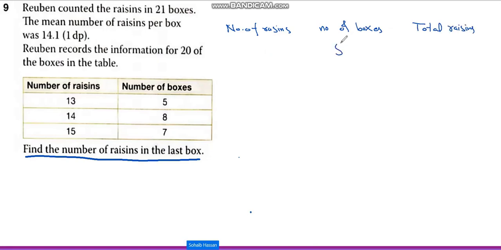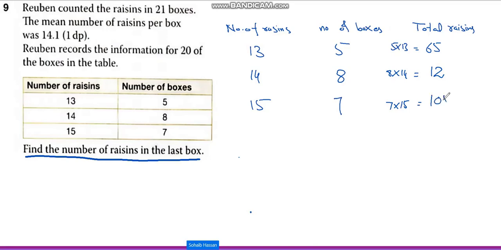There are 5 boxes in which each box contains 13 raisins, 8 boxes in which each box contains 14 raisins, and 7 boxes where each box contains 15 raisins. To get the total raisins of 5 boxes, we multiply 5 and 13, and we get 65. Similarly, 8 times 14 is 112, and 7 times 15 is 105.